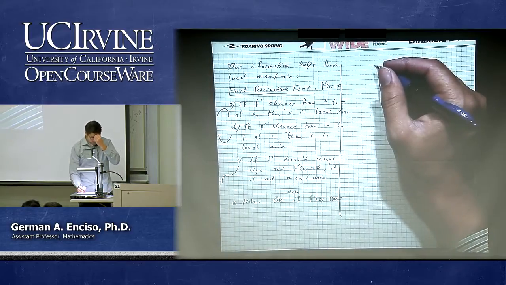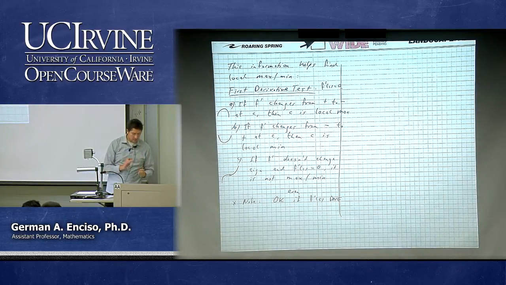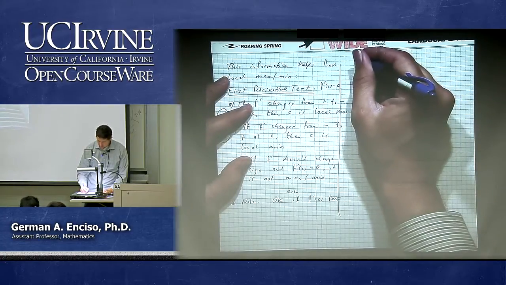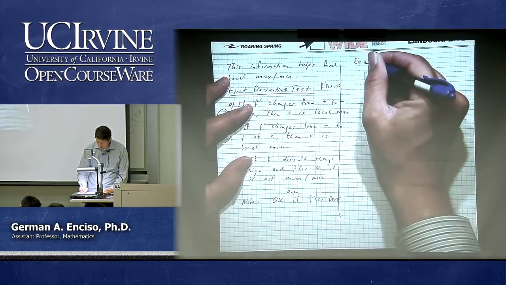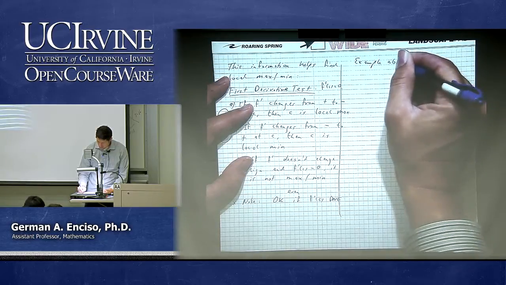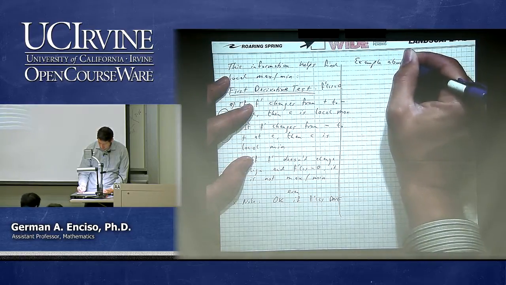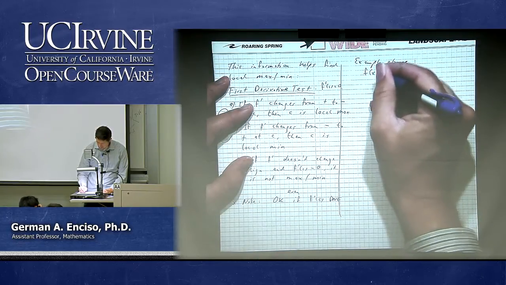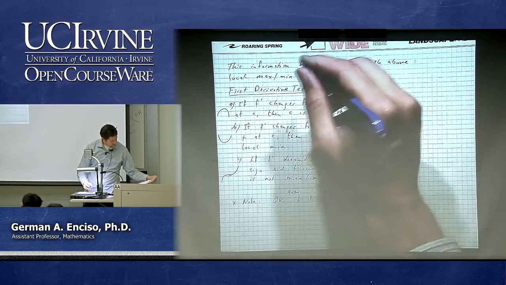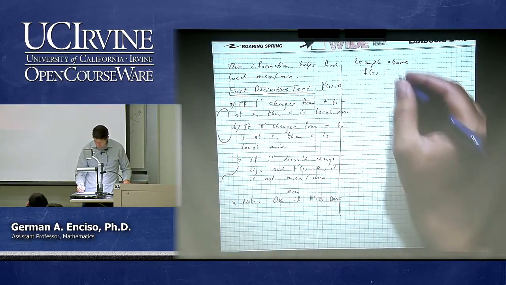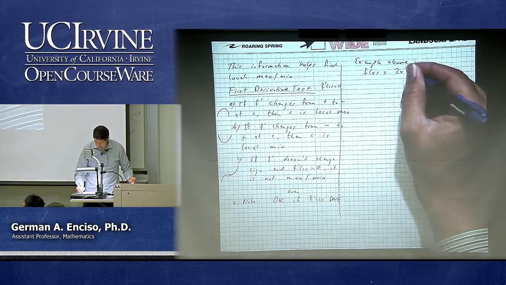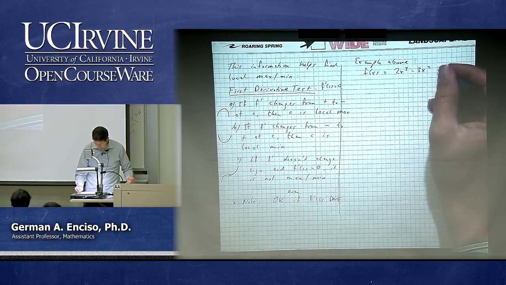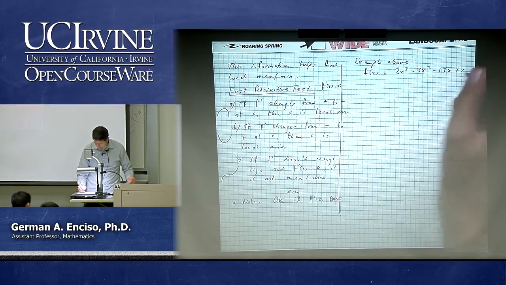All right. So now let's apply this first derivative test to the example before. Once again, f of x is equal to 2x to the 3 minus 3x squared minus 12x plus 1.